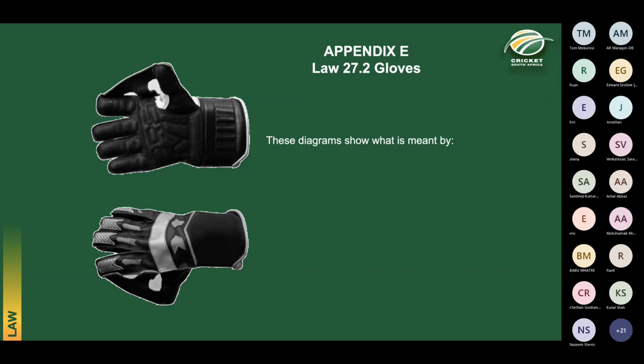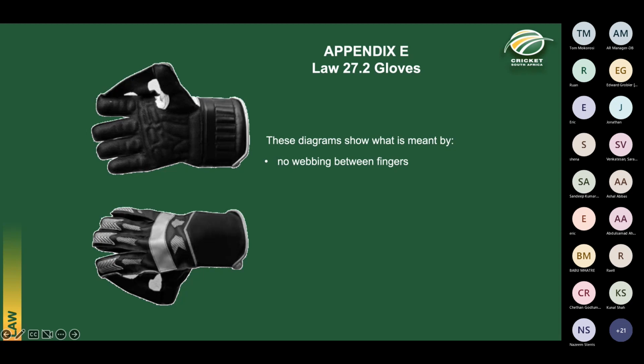Let's have a look at what the wicketkeeper's gloves look like. And the restrictions are that there should be no webbing between the 4 long fingers. So you can see that we have webbing between the thumb and the index finger, but no webbing is allowed between the index and the middle finger and the ring finger and the pinky finger.